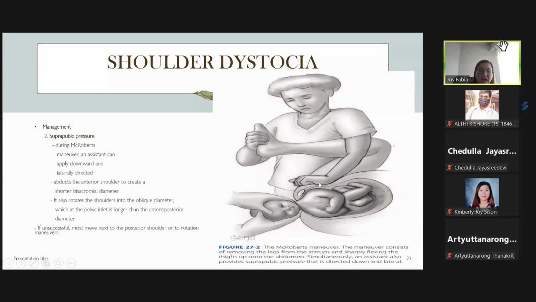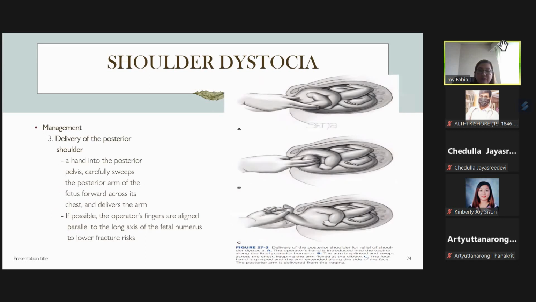This will abduct the anterior shoulder to create a shorter bisacromial diameter. This will also rotate the shoulders into the oblique diameter, which at the pelvic inlet is longer than the AP diameter. If again not successful, we move to other rotational maneuvers.